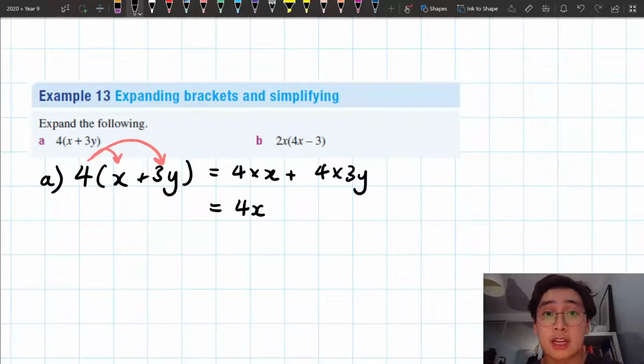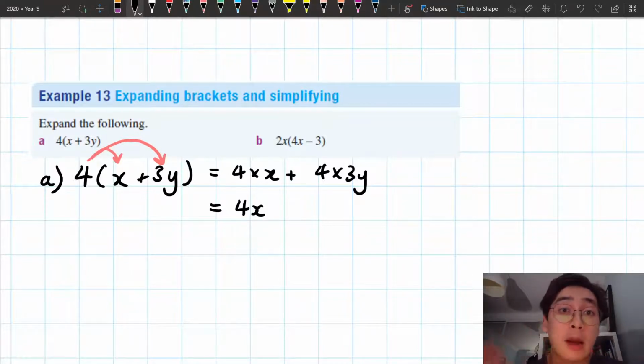Now that I've done that, I need to do 4 times 3y. If you remember from the previous chapter when we looked at multiplying algebraic terms, we multiply the numerical parts first, then we multiply the algebraic parts. Here, I'm going to deal with that 4 times 3 because we're dealing with the number parts first.